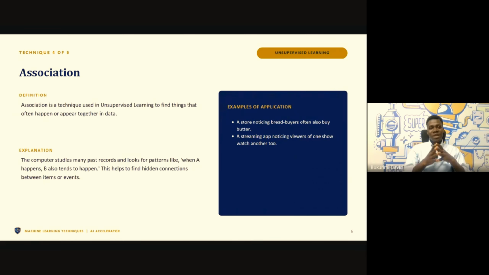It could pick jollof rice, associate it with salad, associate it with other things that go together with that particular food. The computer studies many past records and looks for patterns like when A happens, B also tends to happen. This helps to find hidden connections between items or even events.